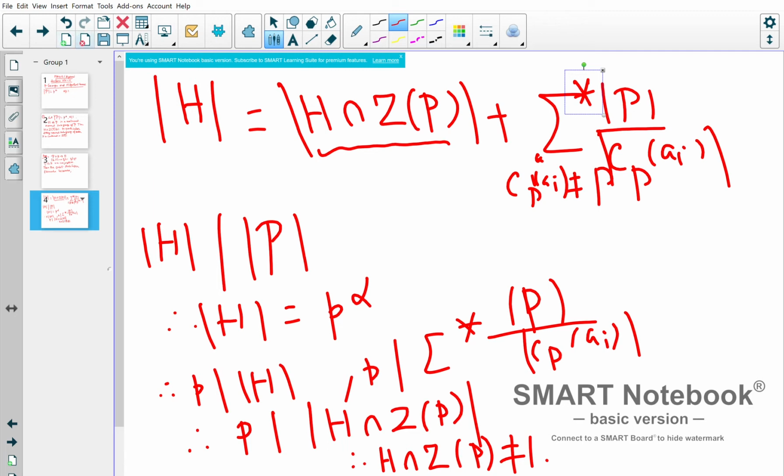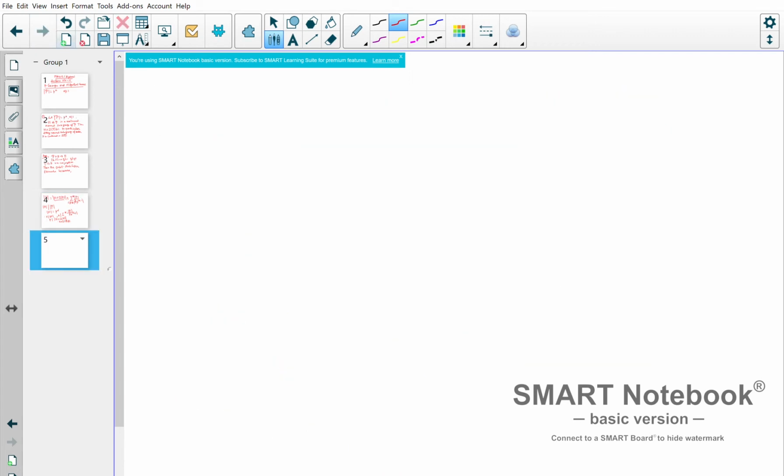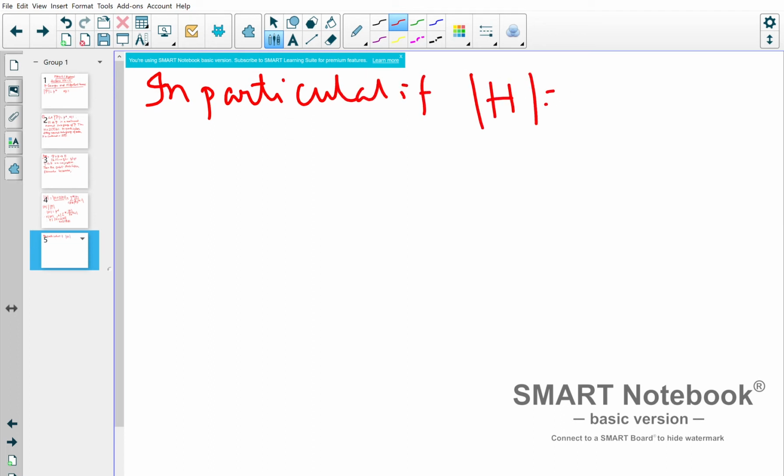In particular, if H has cardinality p, we said that every normal subgroup of order p is contained in the center. So H has cardinality p means what?